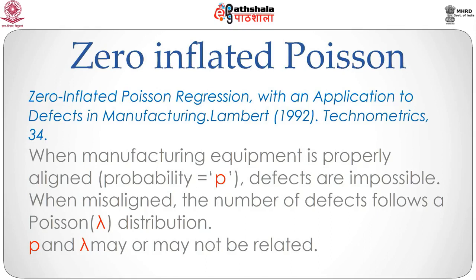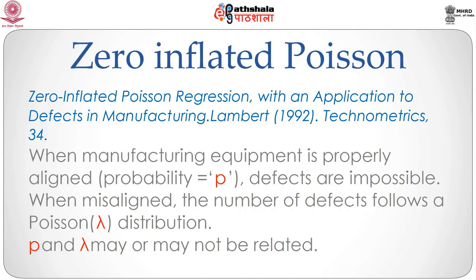The example considered by Lambert is motivated by looking at manufacturing equipment. Now, when a set of manufacturing equipment is properly aligned, say this is done with probability P, the chance of defects is virtually zero. However, when the manufacturing equipment is not aligned, the number of defects can be assumed to follow a Poisson distribution with parameter, say, lambda.